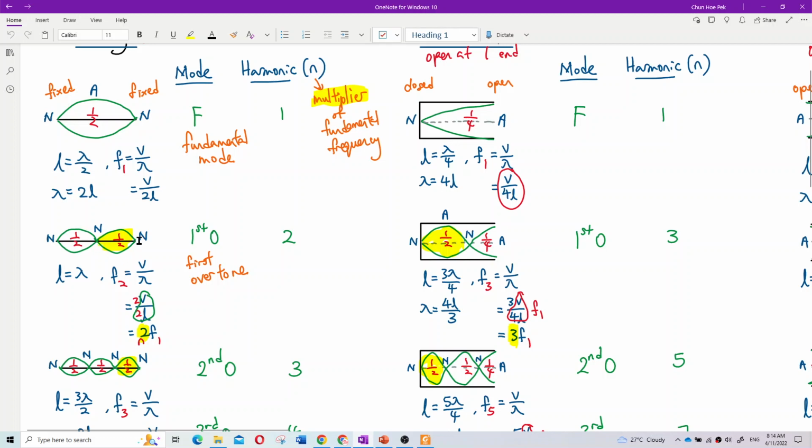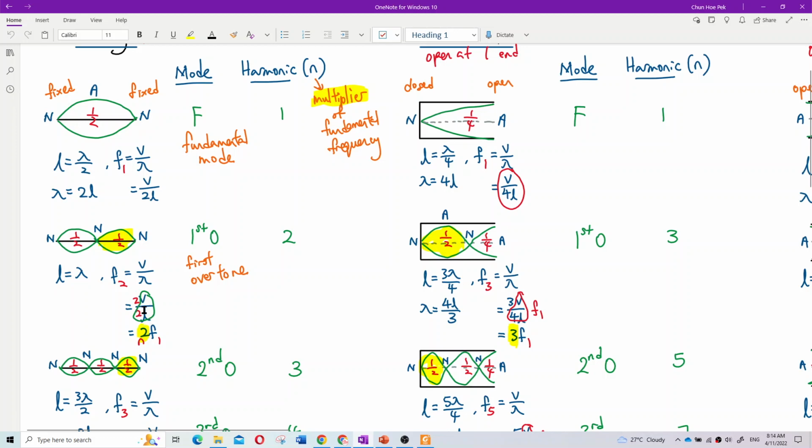This is considered as one lambda, because from a node going to another node is half lambda. So plus another half, you get one lambda. So this whole length is one lambda. Then the frequency is v over lambda. Lambda we substitute with L, so v over L.